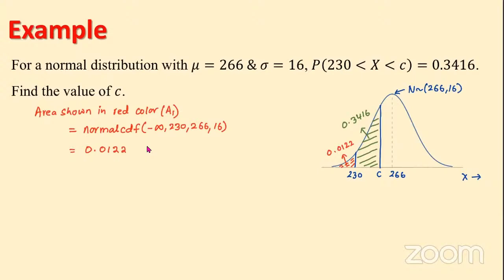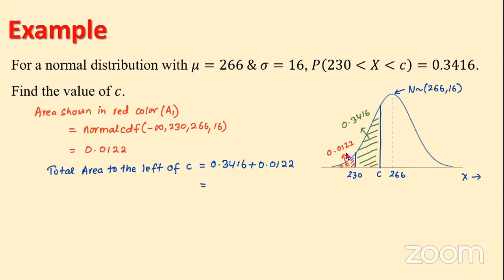Once we have that information, we can find the total area that is to the left of c. The total area on the left of c is this area in green plus the area in red. So I can write that total area to the left of c is equal to 0.3416 plus 0.0122.